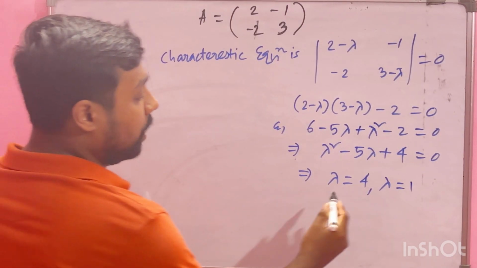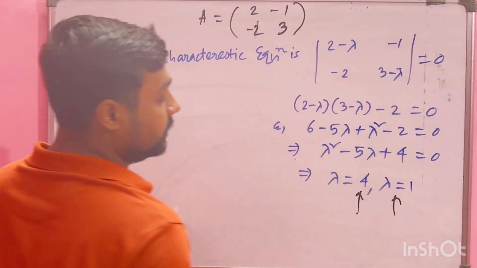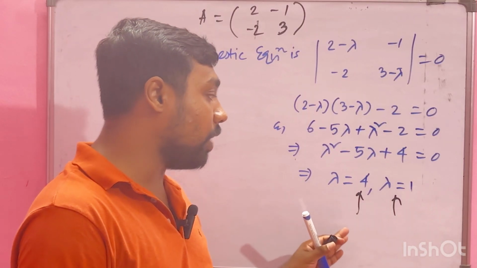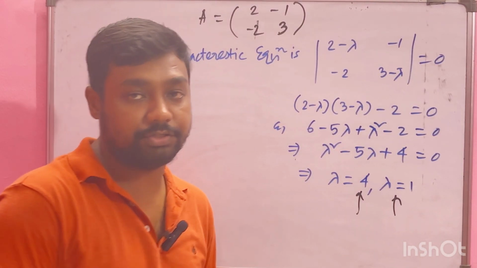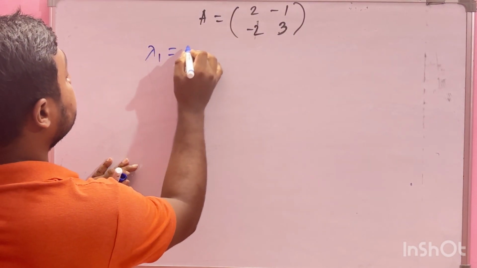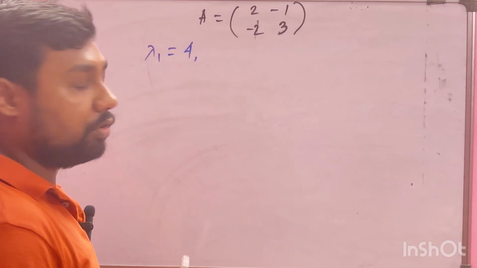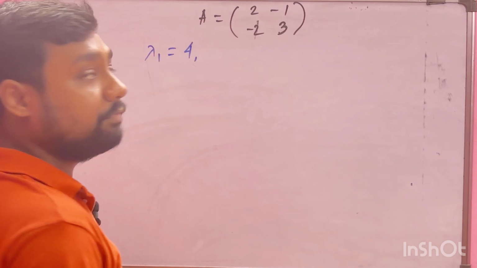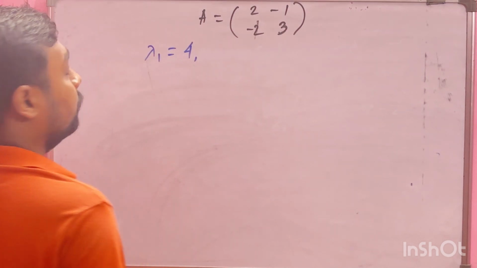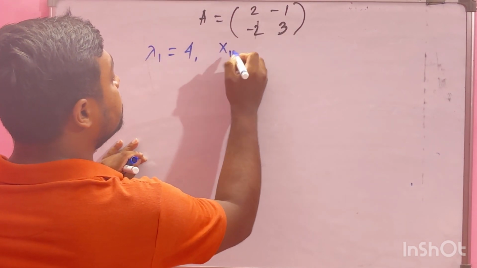So these two are eigenvalues of the given matrix, and corresponding to these two eigenvalues we will find the eigenvectors. The first eigenvalue is 4. So let's try to find the eigenvector corresponding to the eigenvalue 4. Suppose X1 is the eigenvector.